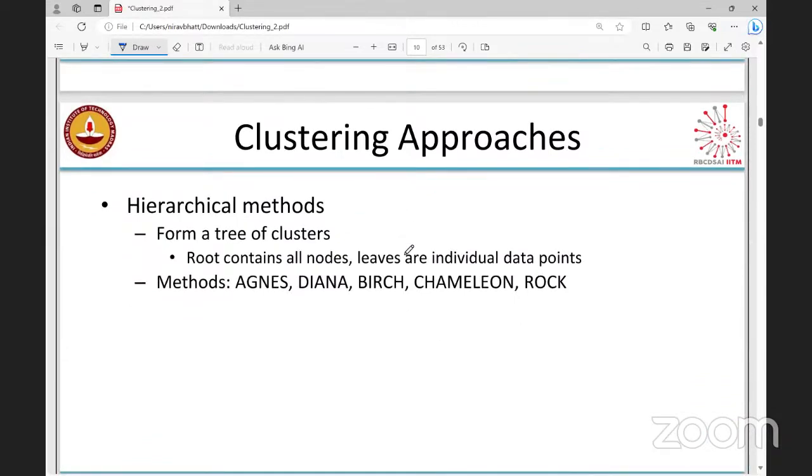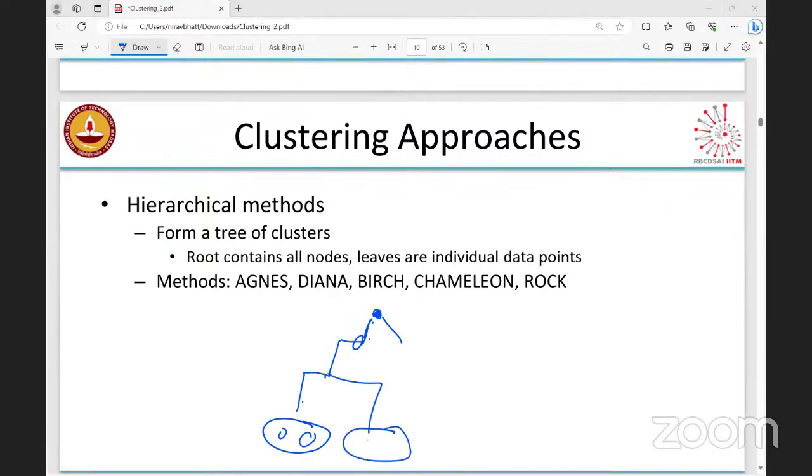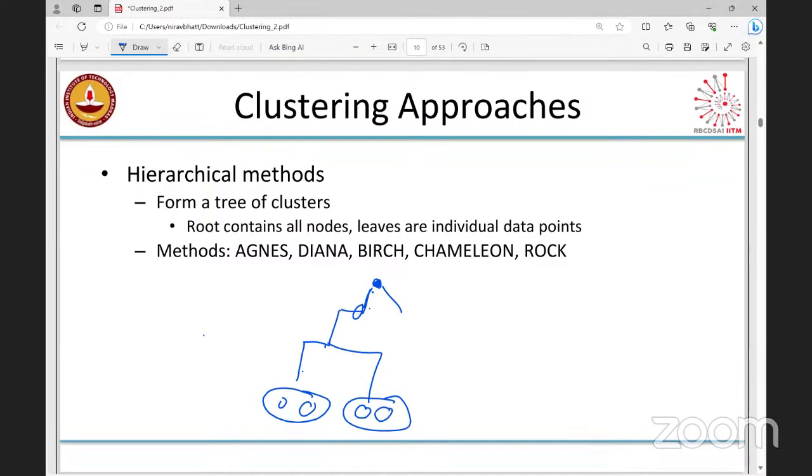It's called the hierarchical method. What does the hierarchical method do? It basically tries to start with all points or single points and creates a tree. So this is a tree kind of structure.